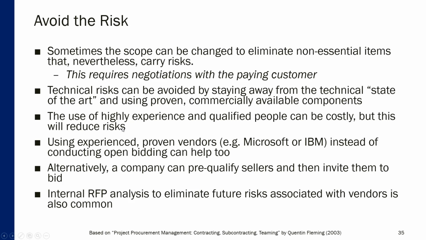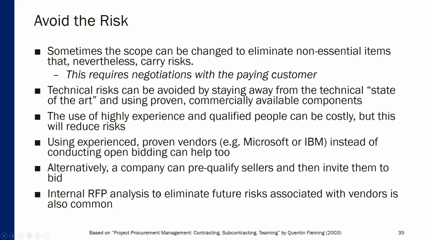Sometimes using highly experienced and qualified people can help avoid risk, maybe not avoid, but at least reduce risk. Alternatively, a company can do a lot of research and a lot of planning on their side to make sure that whatever procurement partner they're working with does not introduce substantial risk to the project.